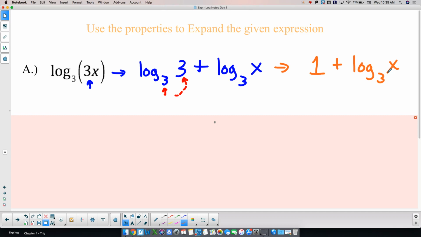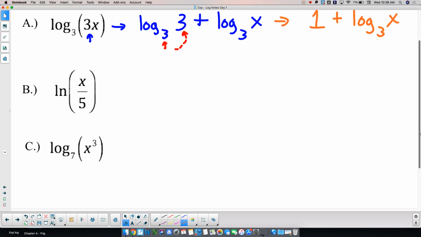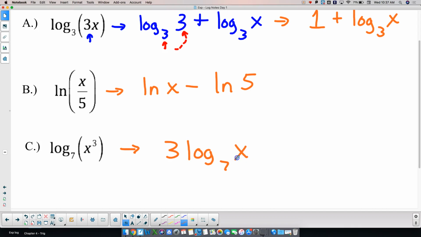What I'd like you to do now is expand these 2 logs. On B, you should have gotten the natural log of x minus the natural log of 5. On C, you should have gotten 3 log base 7 of x.